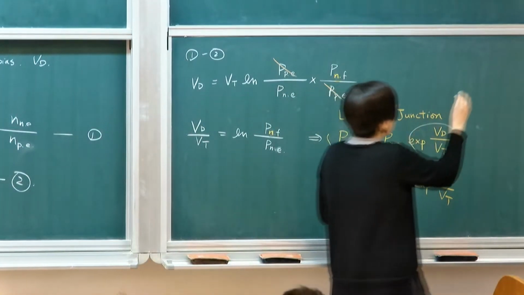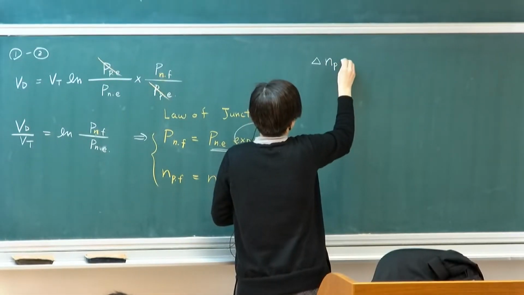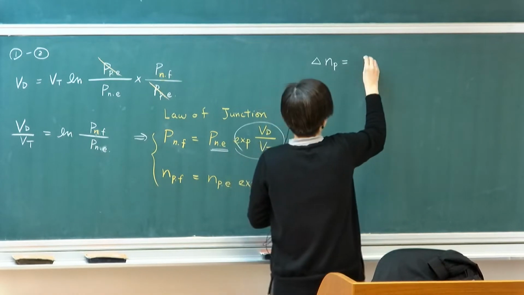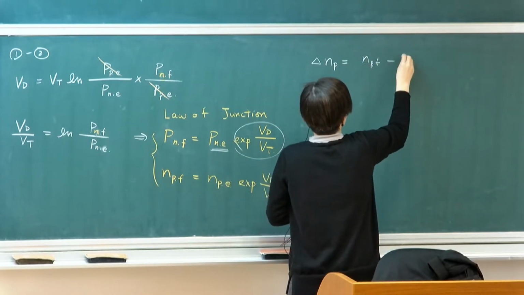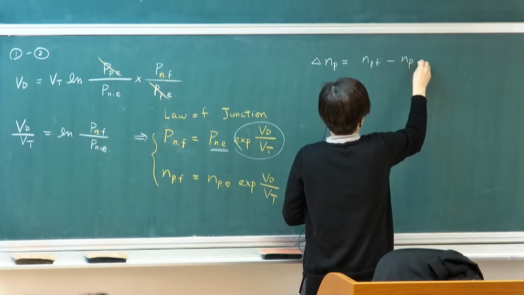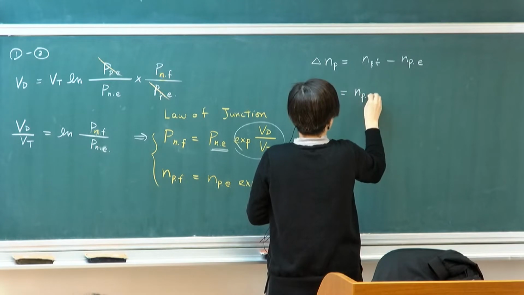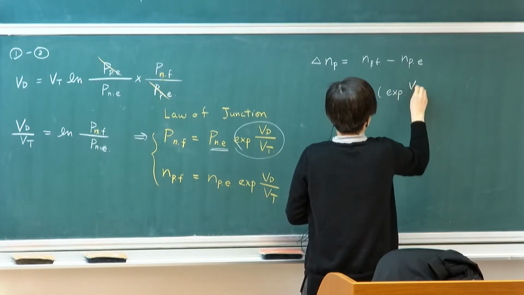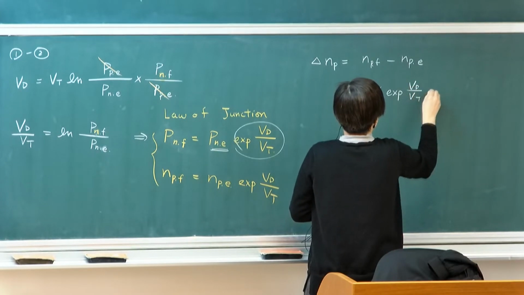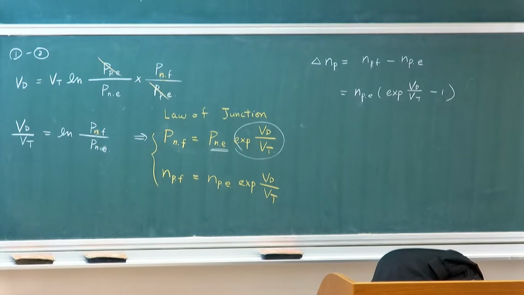What we actually want is to find the excess minority concentration. This will simply be the concentration during forward bias minus its background during equilibrium. So then you will get n_pE times exponential of V_D over V_T, minus 1. That's our excess minority concentration.